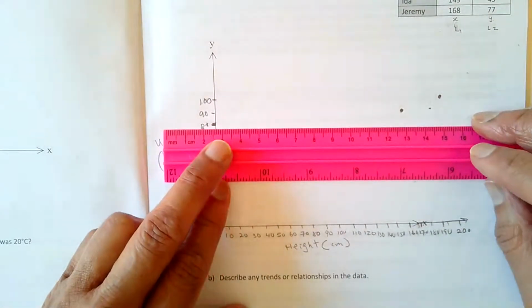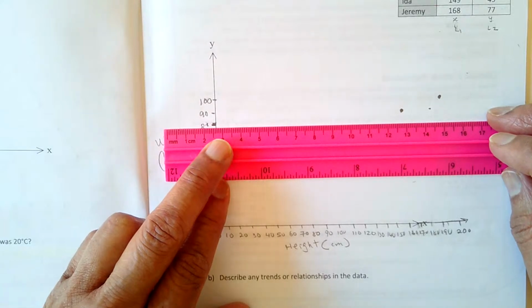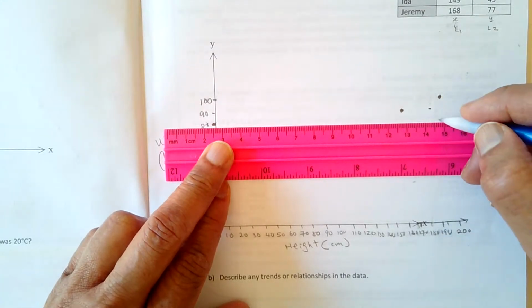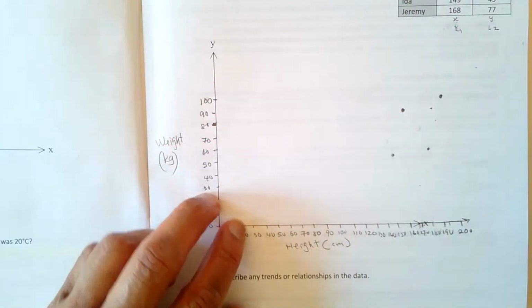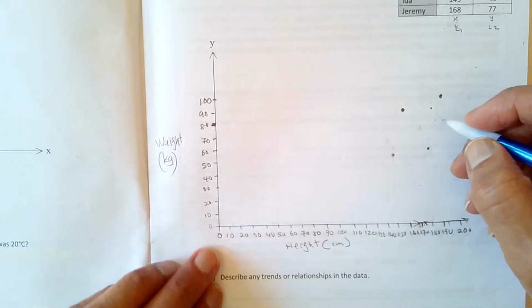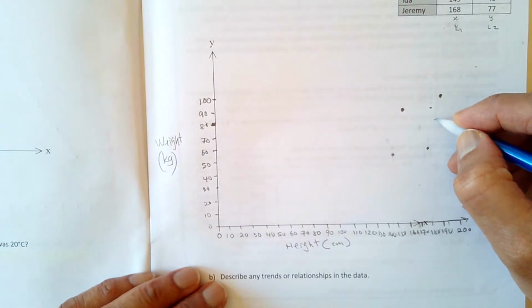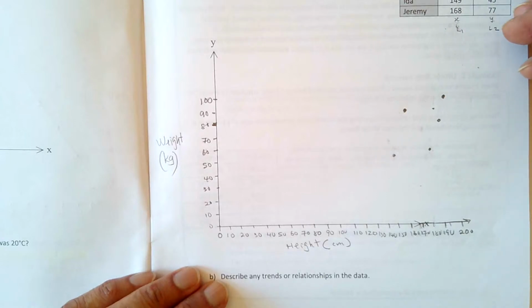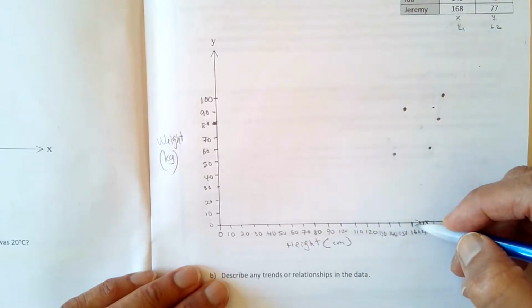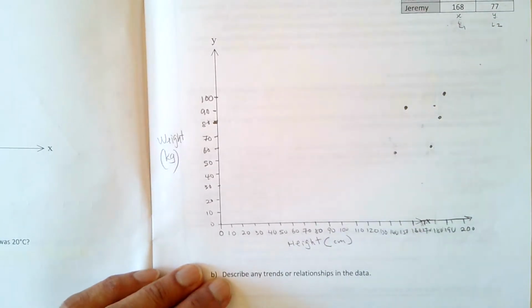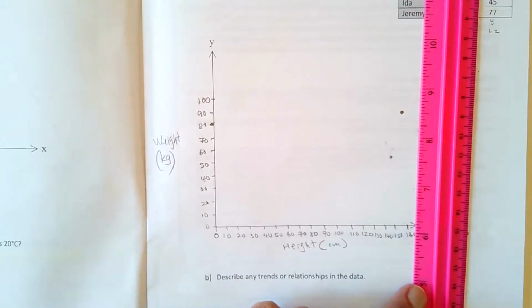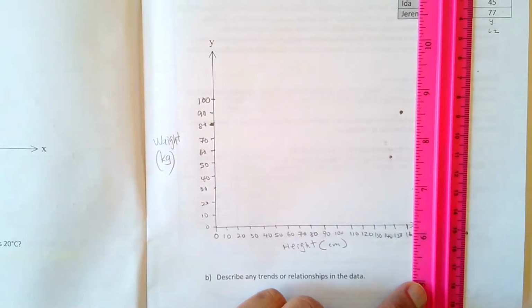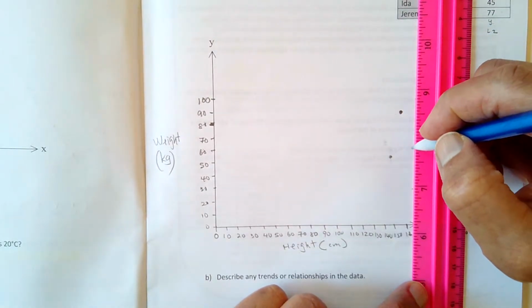Now I need to do 166, 59. So 166, which is about here, and 59.